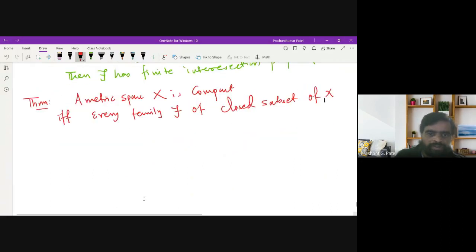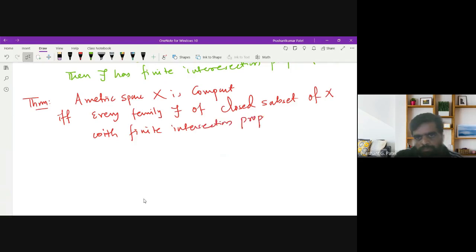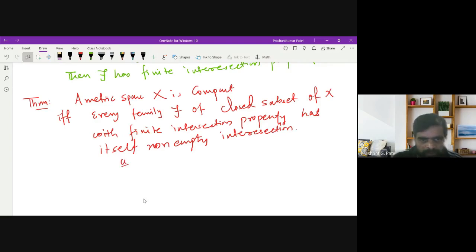With the finite intersection property, has itself a non-empty intersection. That means the intersection of all this F which is in script F is non-empty.